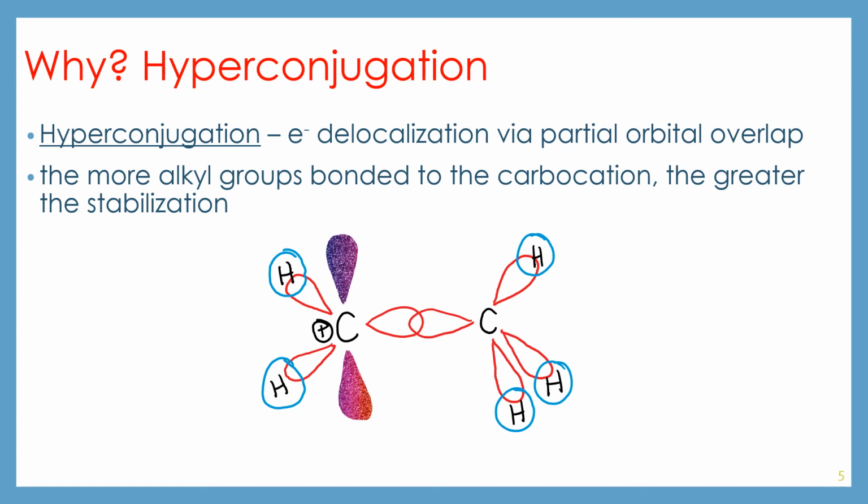Now, we're not going to be able to make a pi bond here because we only have one unhybridized p orbital, but what we do have is the possibility of overlap between this unhybridized p orbital and the neighboring hybridized sp3 orbitals. And even though that's not going to create a bond, it is going to help delocalize the electrons, and that is going to stabilize the carbocation.